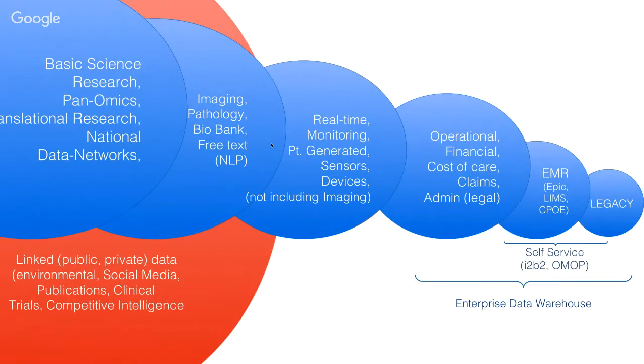Frequently, most of the larger healthcare systems have invested in building an enterprise data warehouse that covers almost exactly the same area, plus administrative and financial data that would be relevant for the operational support of the institution.